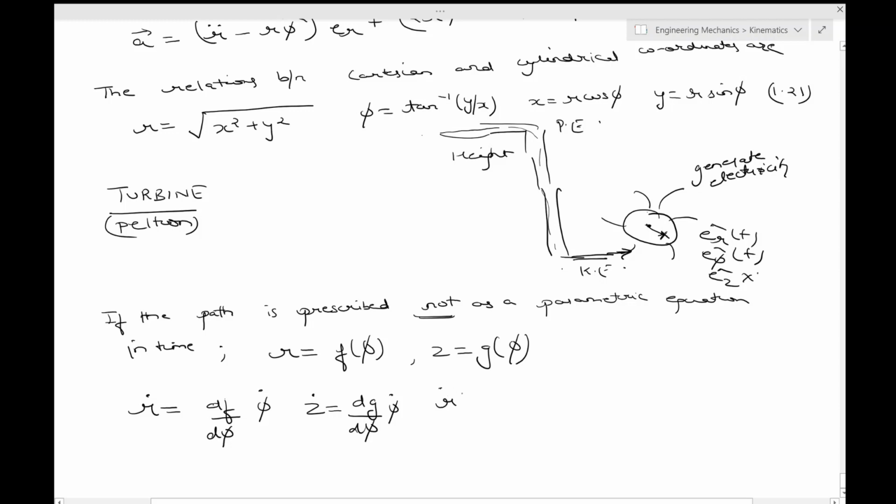r double dot is equal to d2f by d phi square into phi dot square plus df by d phi into phi double dot.